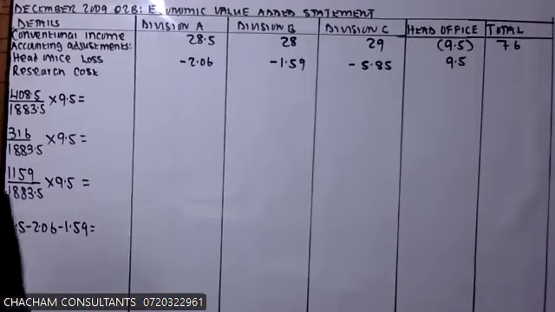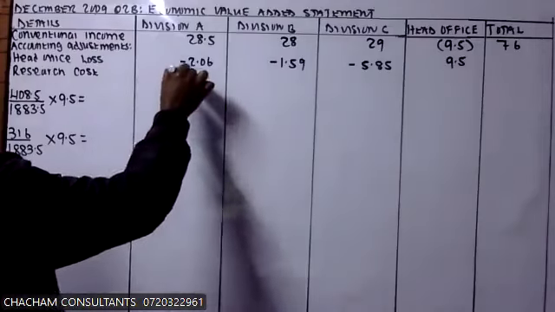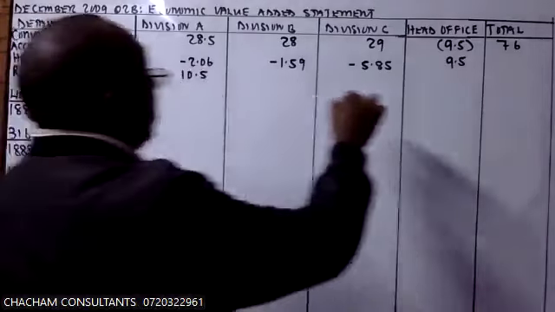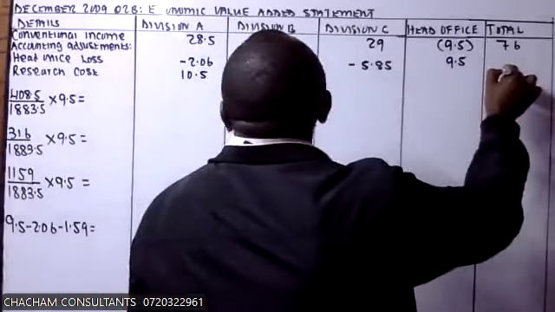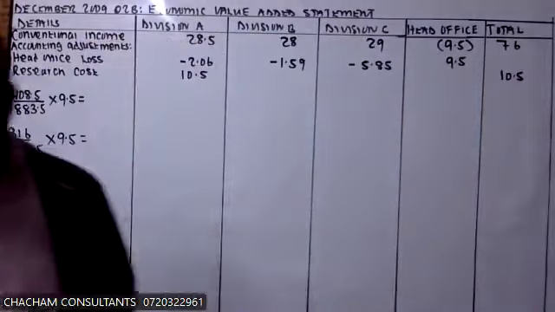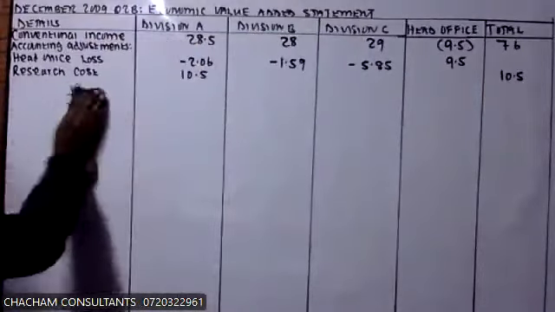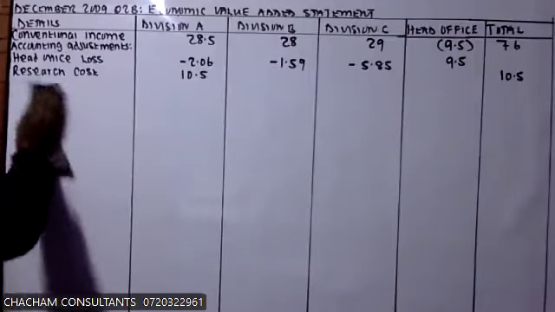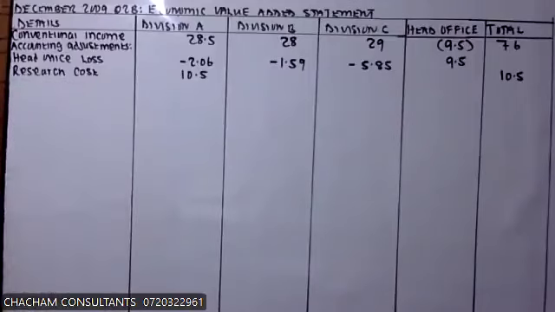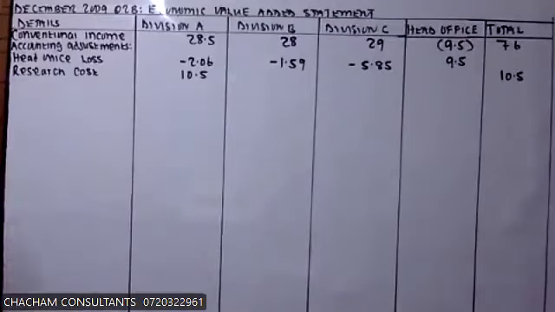So research costs was only spent in department A, 10.5, and then the total is 10.5. So that is just fine.